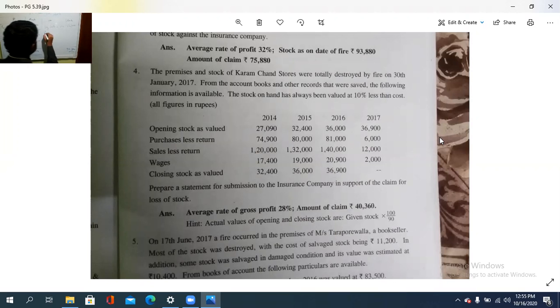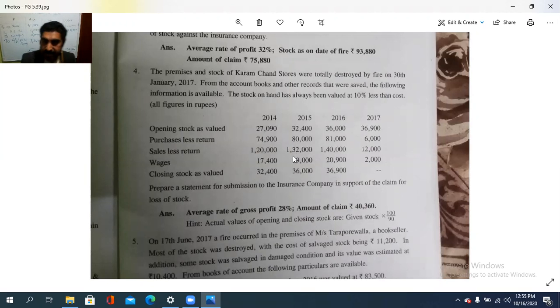Amount of the claim is closing stock 40,360. This is the balancing figure. So the actual value of the stock is what? Book value of the stock at the time of fire is 40,360. But here no salvage value is given, so we can't assess or calculate that. Okay, clear? So this is the problem with regard to the insurance claim.